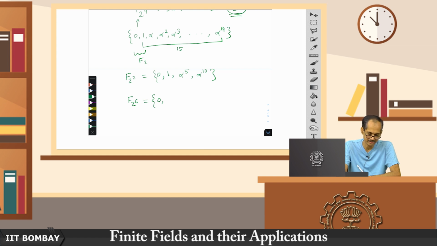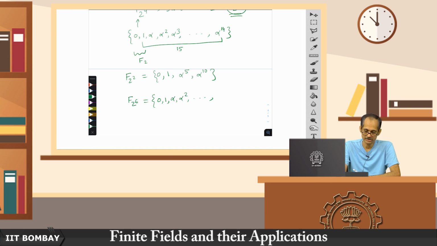Suppose alpha is a primitive element, then we can write 1, alpha, alpha square, up to... how many elements are there? 2 power 6 is 64. So, 64 elements are there including 0. So, if you exclude 0, there are 63 elements.